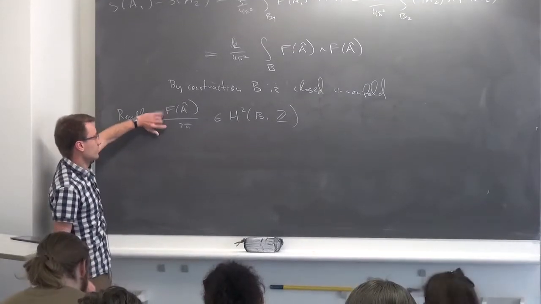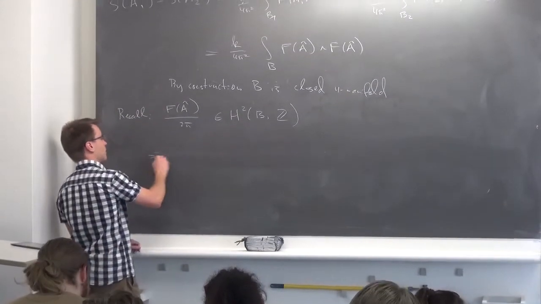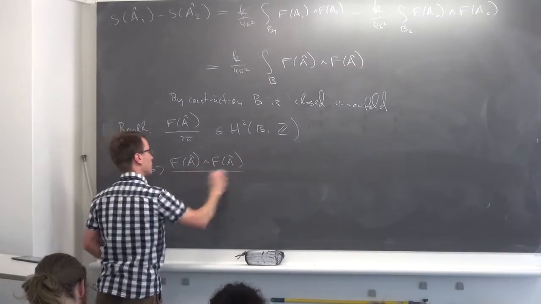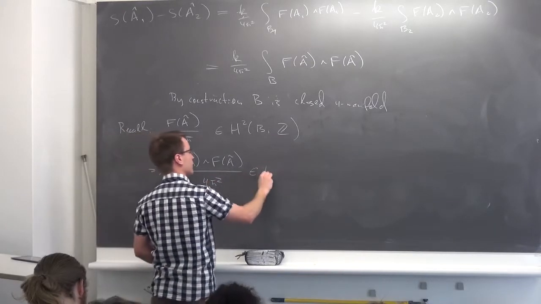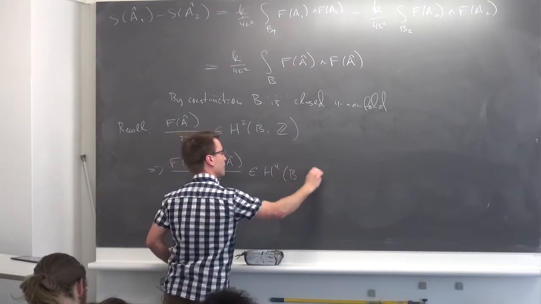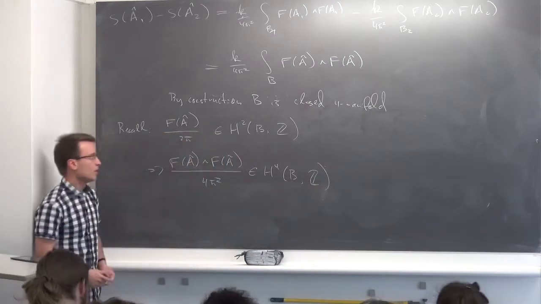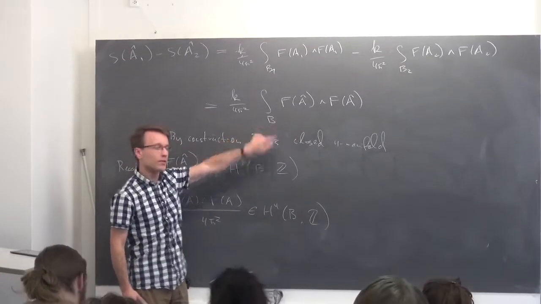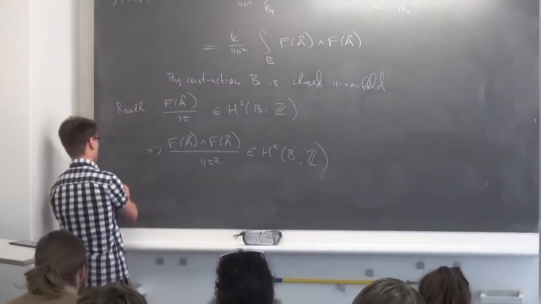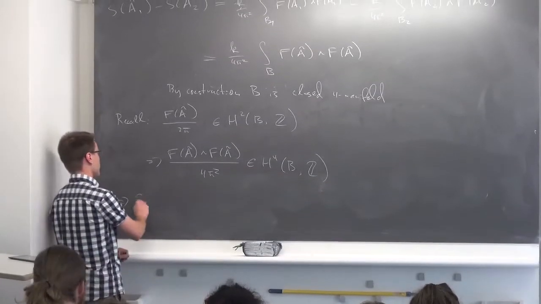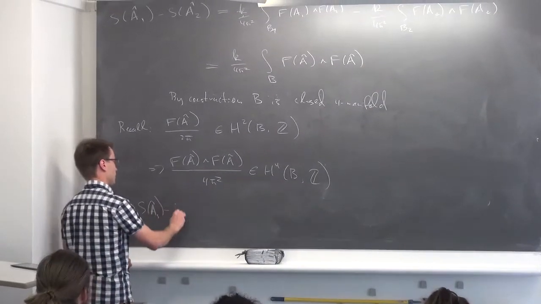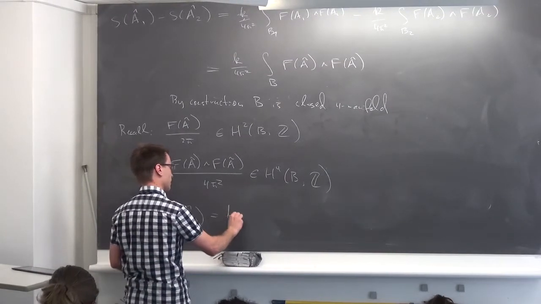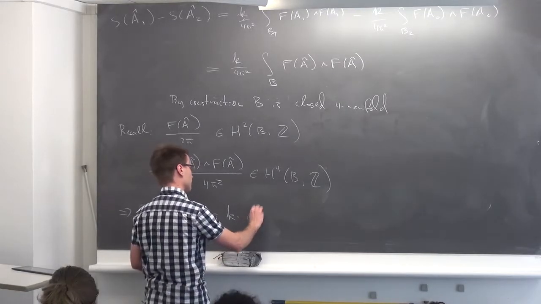So if you wedge these two things together, this is also going to be an integral cohomology class. And now you take an integral cohomology class and you integrate over B. So you see that this difference is going to be k times some integer number.